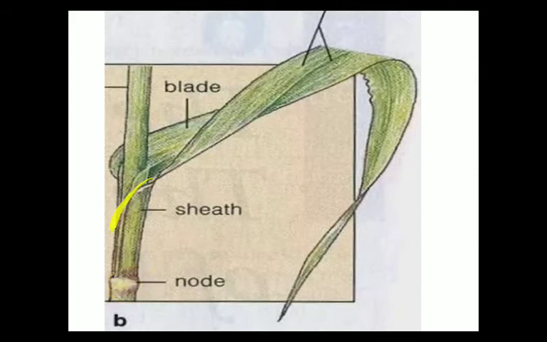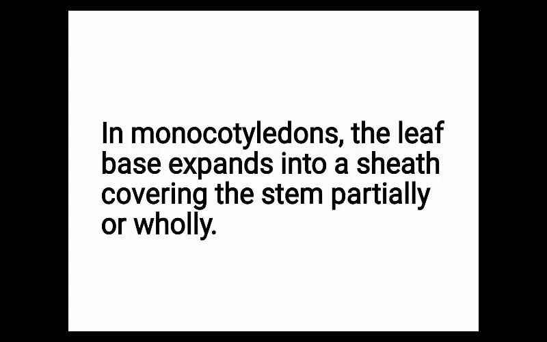This particular part is the leaf base, and there is no petiole, and finally this is the lamina part of the leaf. So in a monocot plant, the leaf base is modified and becomes a sheath-like structure, and it partially or wholly covers the stem. This type of arrangement we can see in monocot plants.